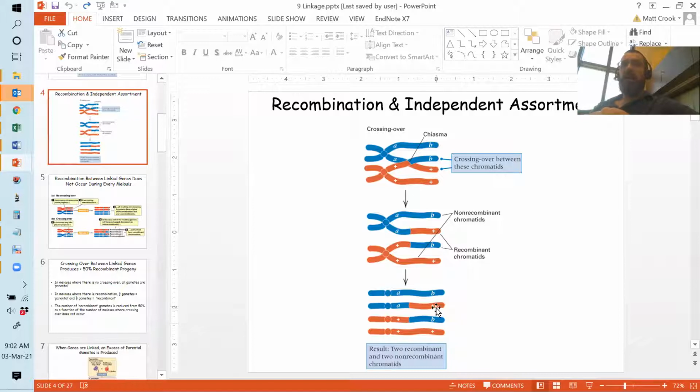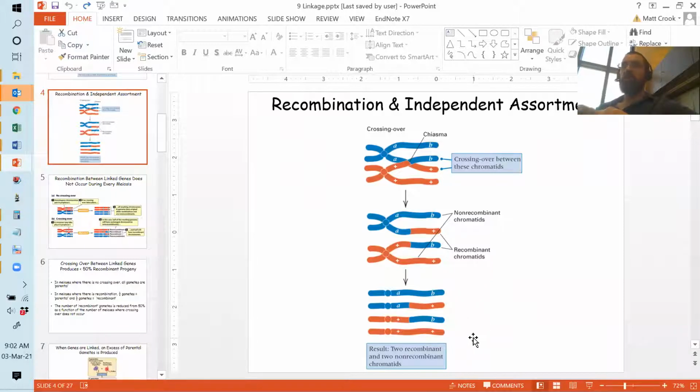And you can see that if the original parental homologous pair is heterozygous at 2 spots, A and B, where the blue one is recessive and the red one is dominant, by the time you go through the whole process of meiosis, recombination and reductional division, you end up with 4 gametes that have a different combination of alleles in each one.